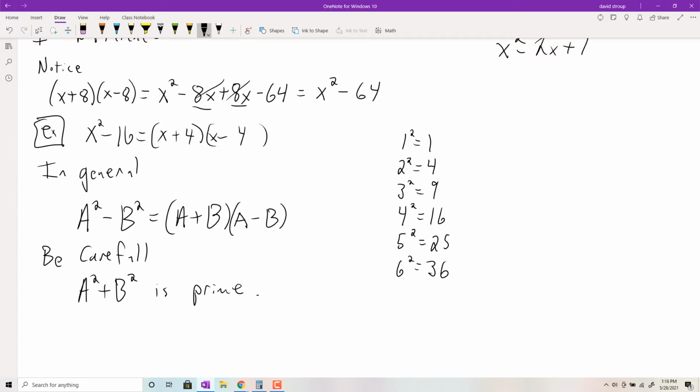Okay. So let's just give you the first 13 of them. And hopefully you'll have these memorized by the time you're done with us. 8 squared is 64. You probably have most of these already kind of embedded in your brain somewhere.